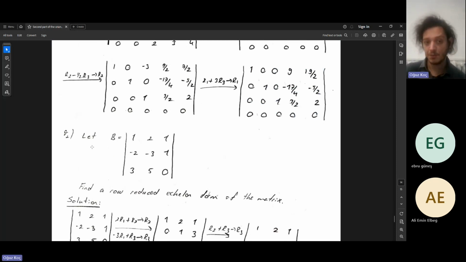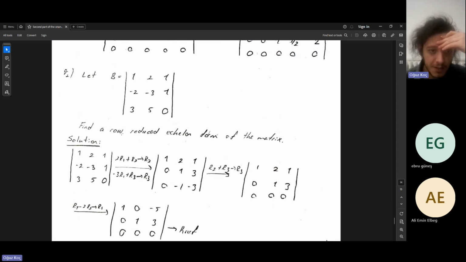We have a matrix B, which is equal to 1, 2, 1, -2, -3, 1, and 3, 5, 0. And we want to find a row reduced echelon form again.